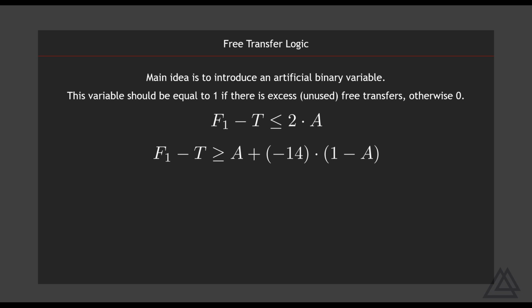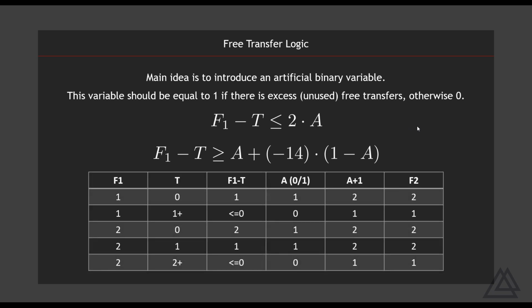And remember, F1 is my free transfers from the first period, T is the number of transfers I'm making this period, and A is my artificial binary variable. This may not be visible at the beginning, but let's go over all the cases. If I have 1 for F1, and I'm not using any transfers, then F1 minus T is equal to 1.